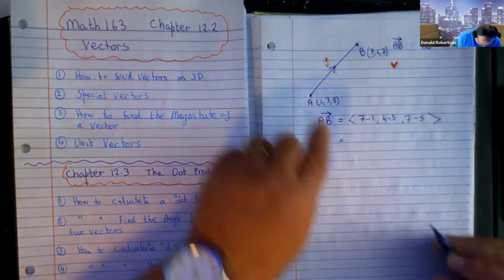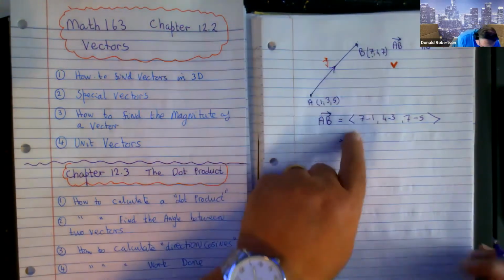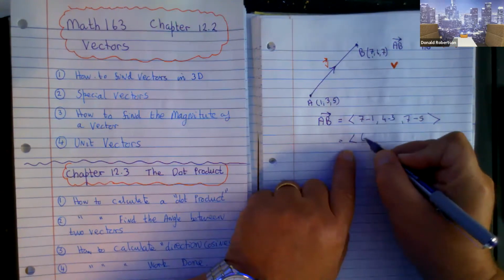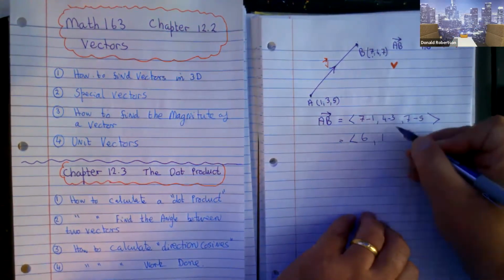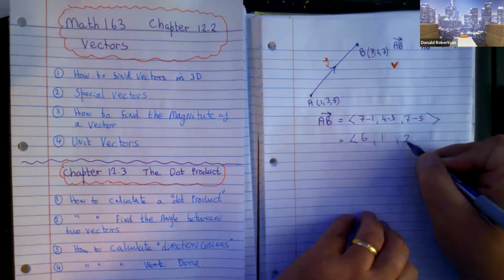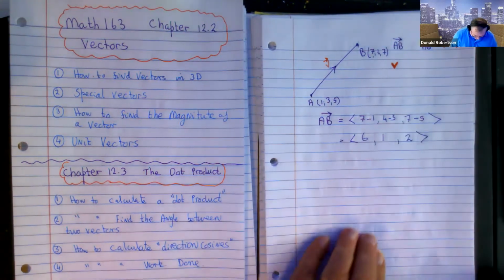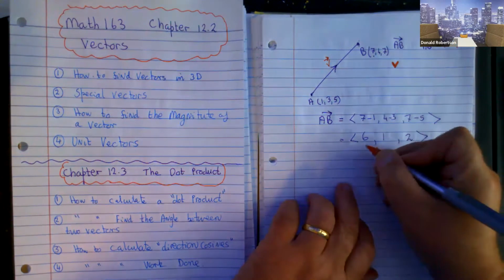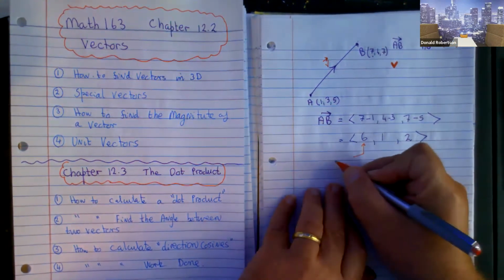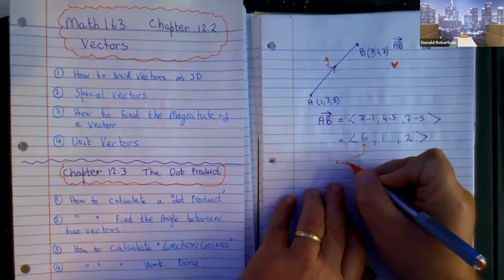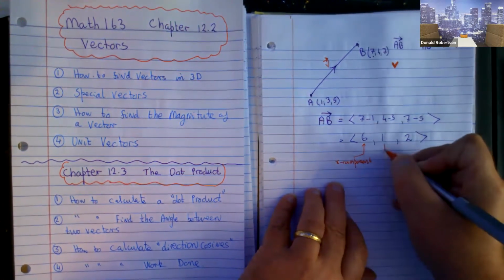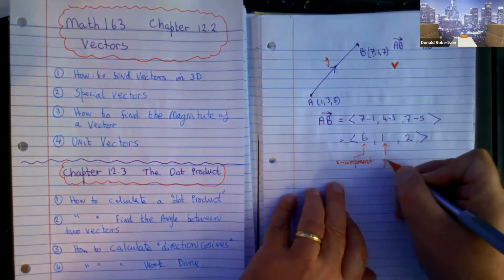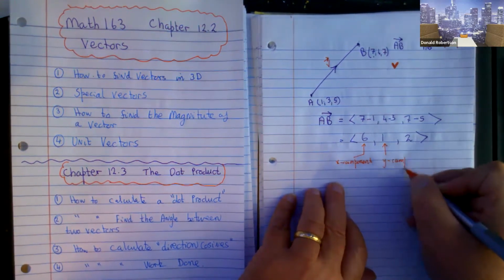And so if I wanted to go from A to B, I would move 6 units in the X direction, 1 unit in the Y direction, and 2 units in the Z direction. And this number is called the X component of the vector. This number will be called the Y component of the vector.